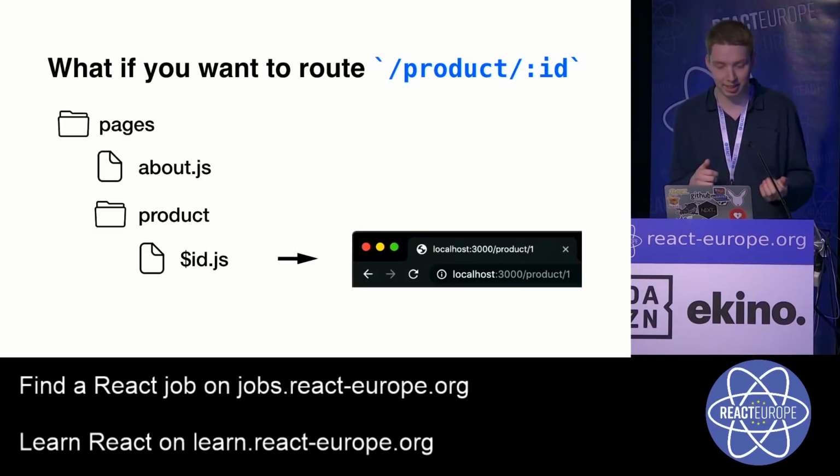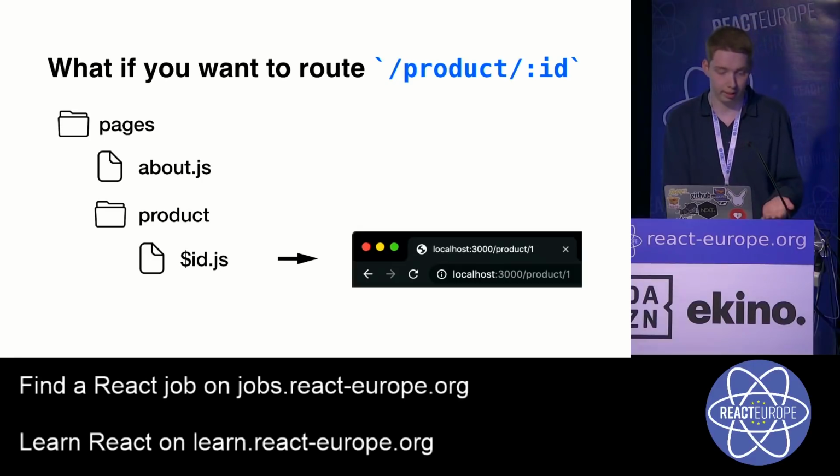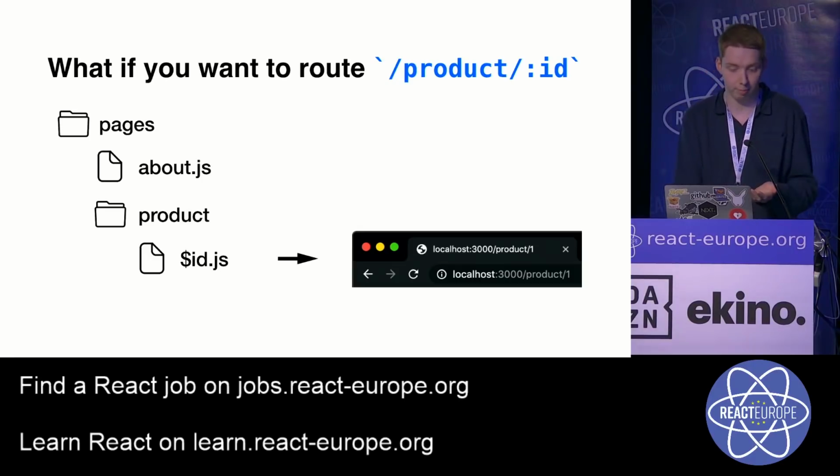So I'm very excited today to be sharing with you that we're currently implementing a proposal for doing dynamic routing inside of Next.js by default, by simply creating a folder, and inside of there a $ prefixed file that will be routed to these pages. And as you can see, it routes /product/$ID to product/1, for example.